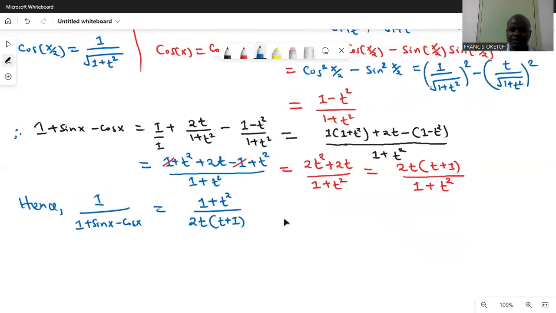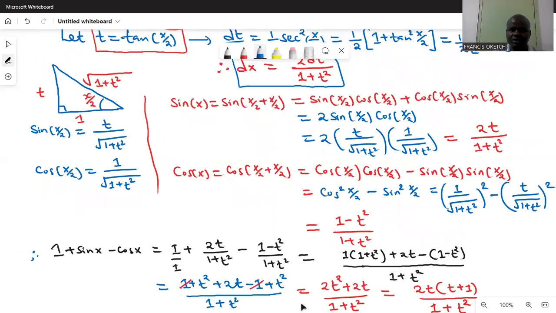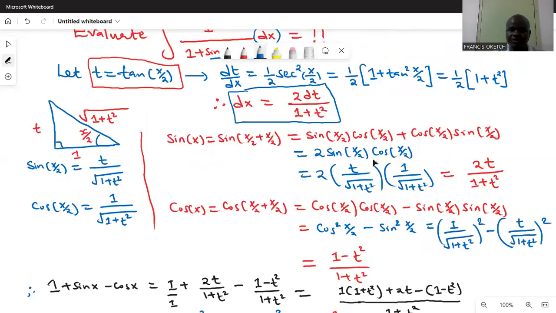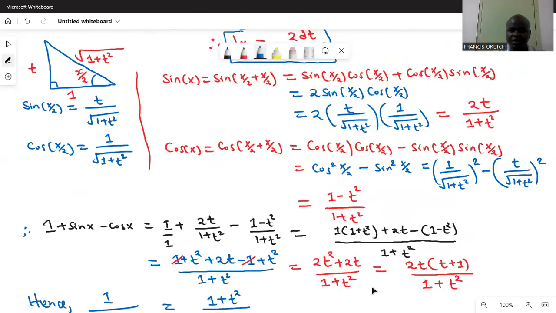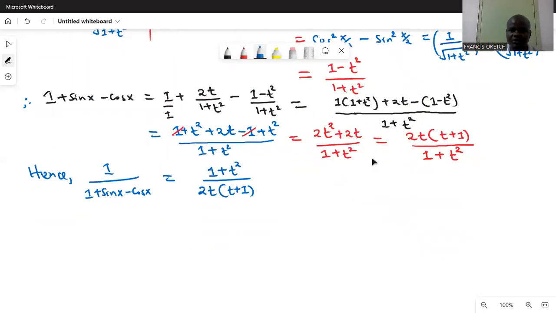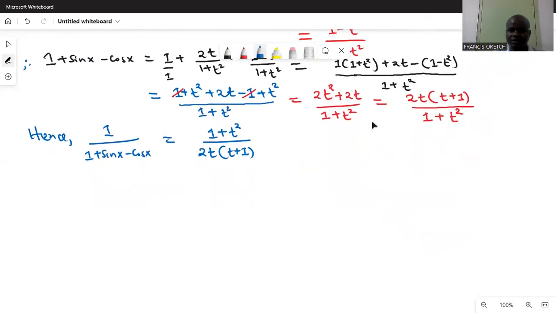Remember, we are converting the integrand. Now our new integrand should be a function of t. So I now know the integrand as a function of t, and we also know dx as a function of t.